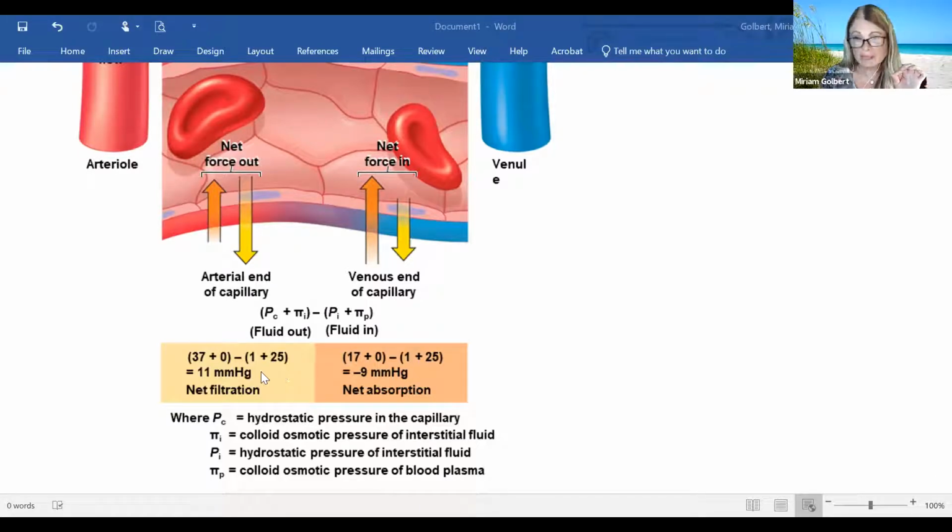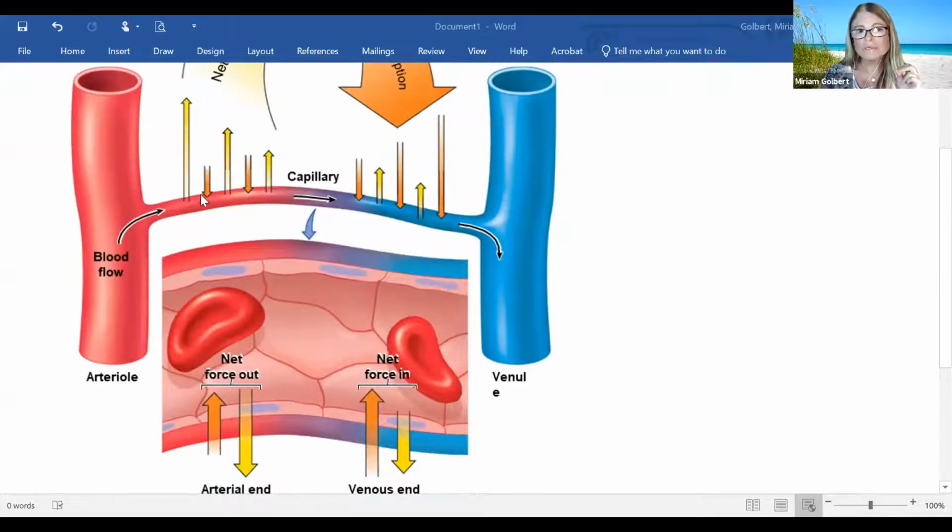So 25 never changes. It should always be 25 because it means that albumin is inside the blood vessels, it stayed in the plasma. And I'm going to tell you after this what is the oncotic pressure of plasma, but 25 never changes.